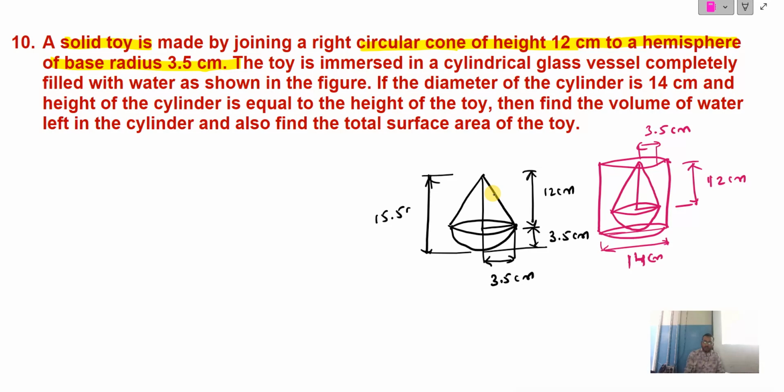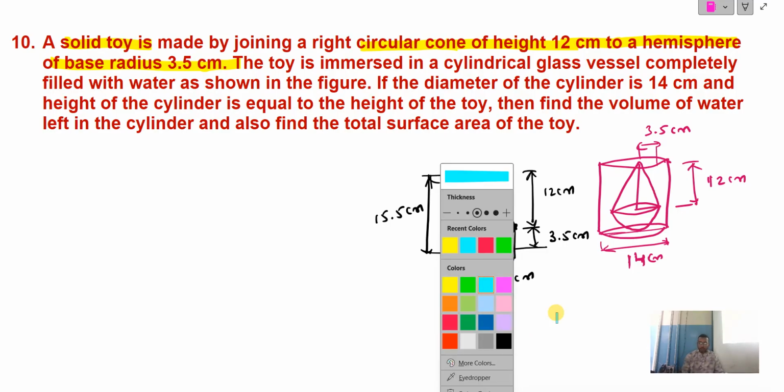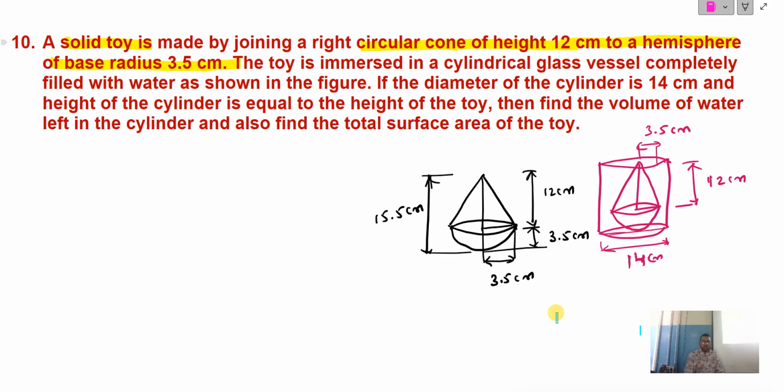Here we have a cylinder, a cylindrical glass vessel. This cylindrical glass vessel is completely filled with water. As you can see, this cylinder is filled with water.